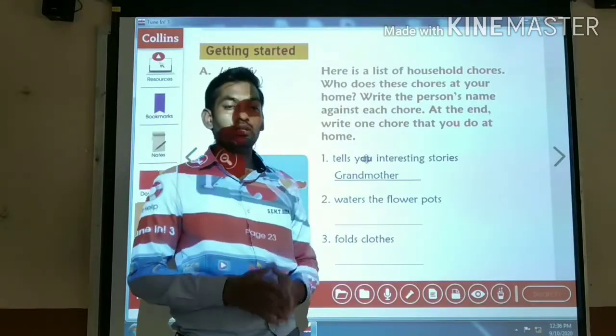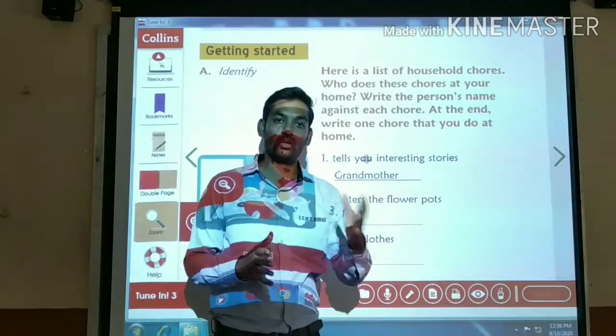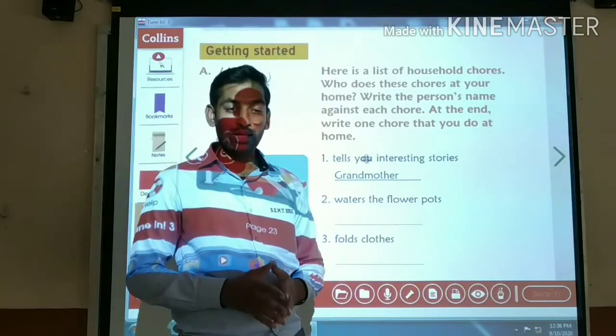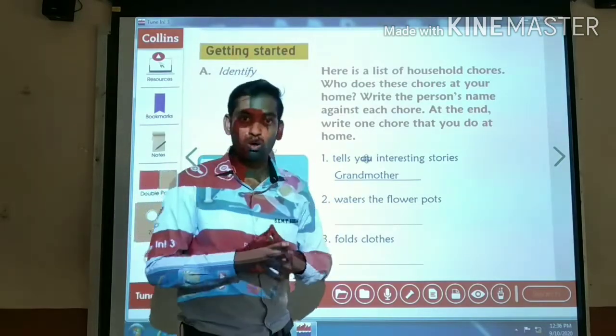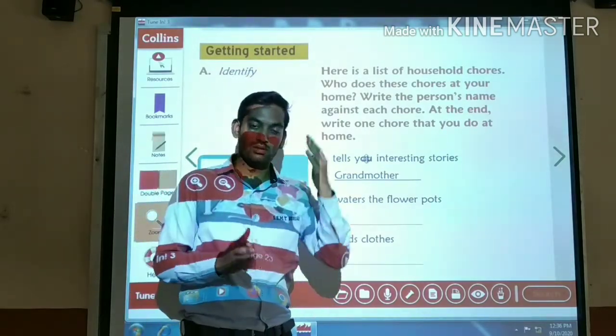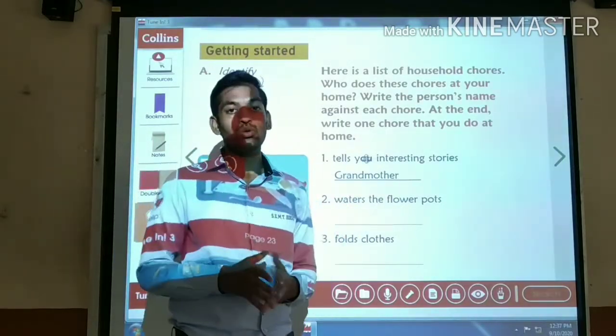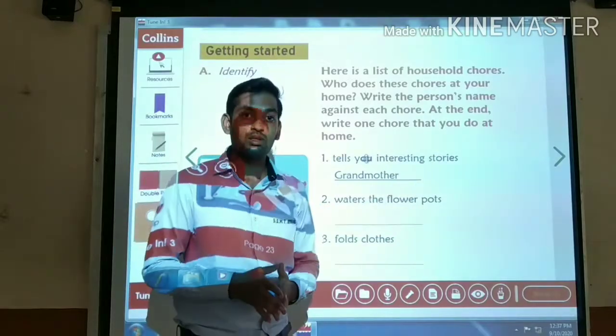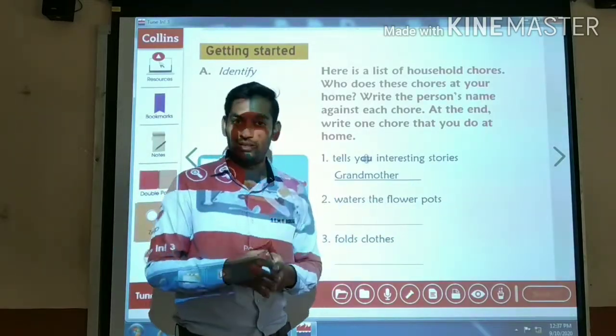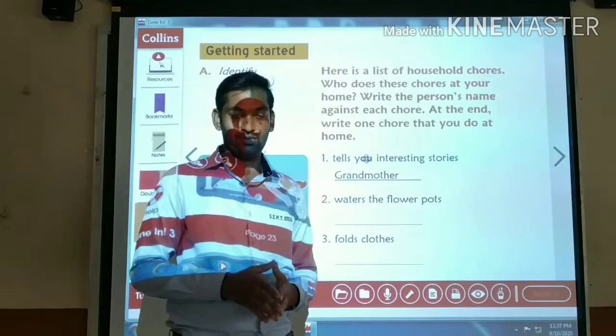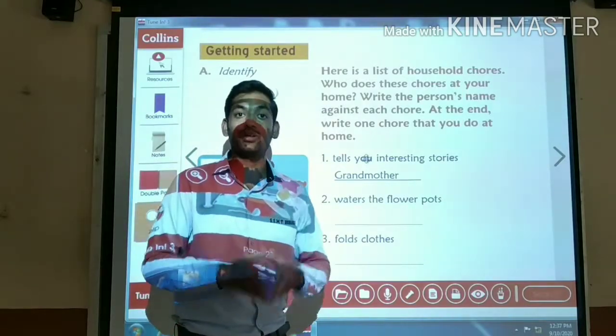There are different types of household work that one cannot do alone. For example, you are a small kid, so you cannot do all the things together. You cannot make chapati at home, you cannot cook well, and you cannot earn money.